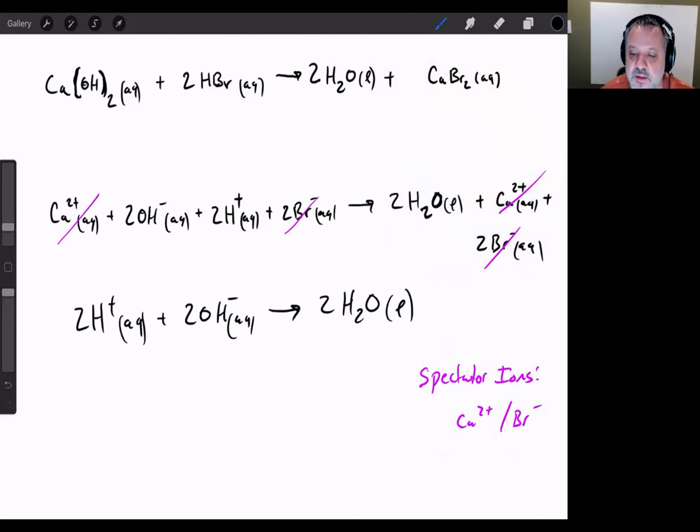So this is the net ionic equation for acid-base reactions. At the end of the day, hydroxide plus H+ forms water will always be the net equation for an acid-base reaction. The only question is, what will the stoichiometric coefficients be?